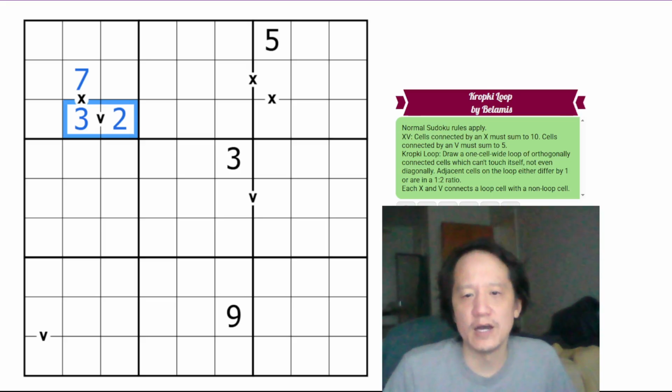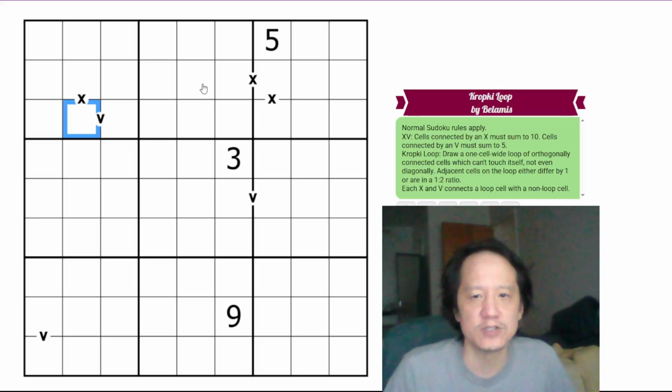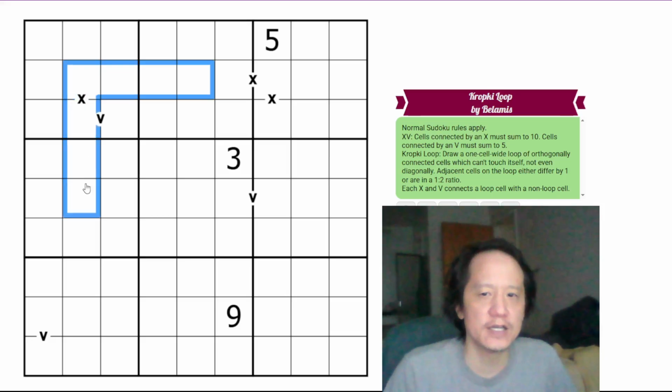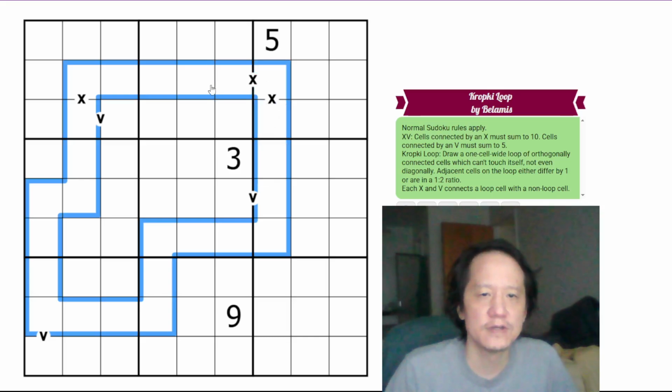We also have a Kropki loop, where we need to draw a one-cell wide loop of orthogonally connected cells which can't touch itself, not even diagonally. So an orthogonally connected loop could be something like this. This would be valid.